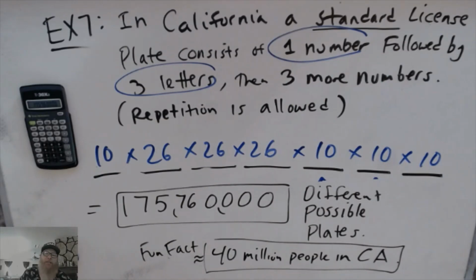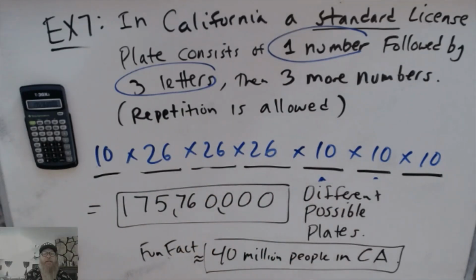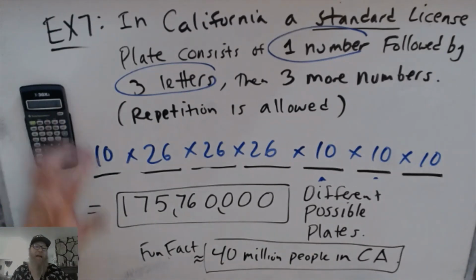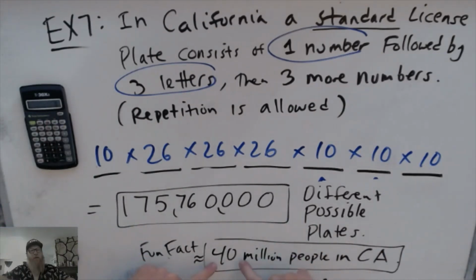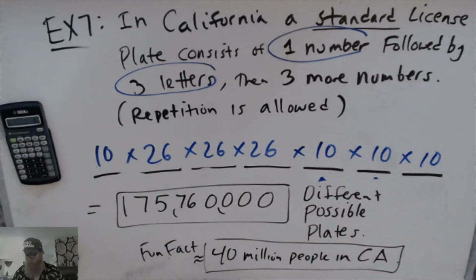My prediction, if I can make one, would be that when the population of California exceeds this number, we're going to have to come up with a new license plate system in the state of California because there'll just be too many people, although not every single person. This 40 million includes children and maybe people that don't drive at all. But just a little fun fact. This is a lot of license plates before you actually get one that repeats itself. So we've got a pretty good system for a while.